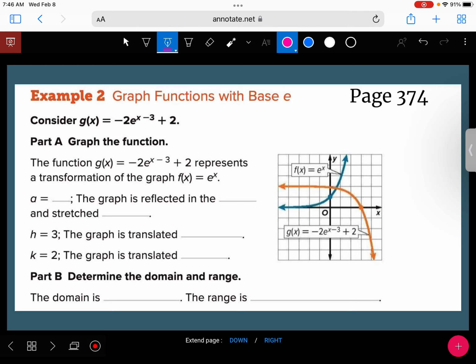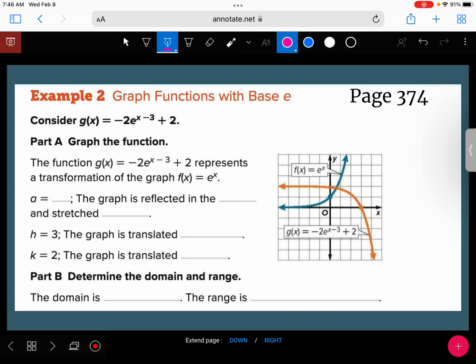Just this time you're going to have a base e, which just represents a different number, okay? So e is going to be very applicable in the next chapter as well. So that's why you start to learn it with exponentials, and then you continue using it, okay?